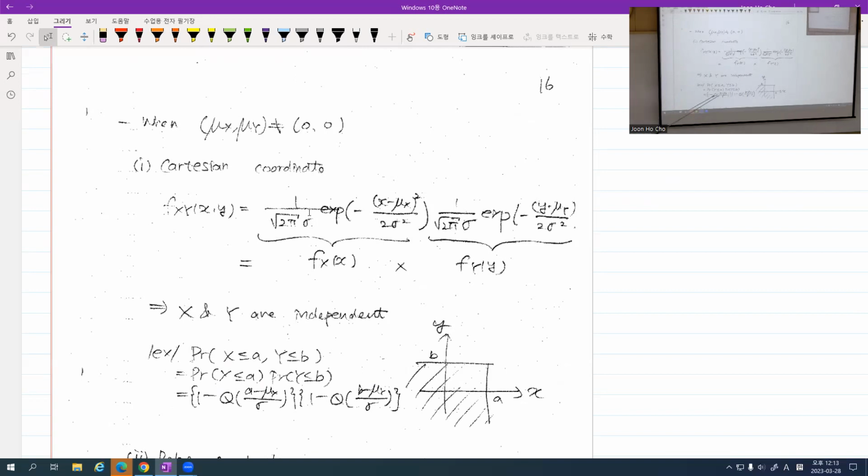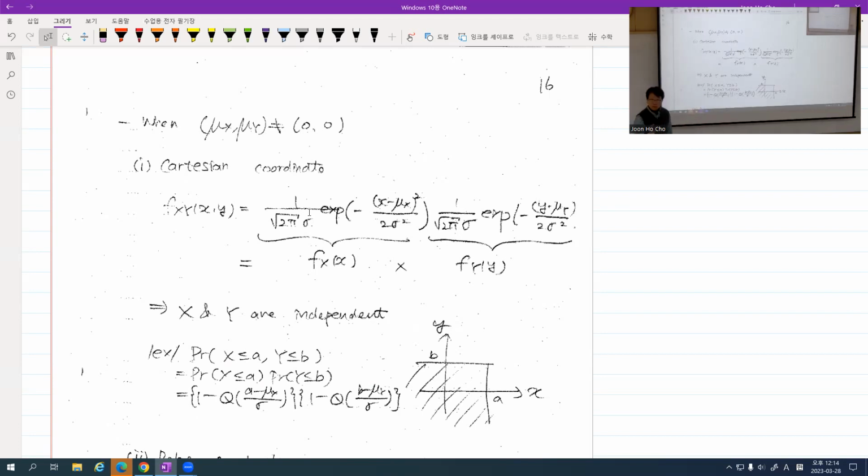Again, if the integration area is the intersection of two half planes intersecting at a right angle, then we again use two Q functions: 1 minus Q of (A minus mu of X) divided by sigma. Here, sigma X and sigma Y are common, I assumed. So again, we have a one-dimensional Gaussian tail probability, and again another one-dimensional tail probability.